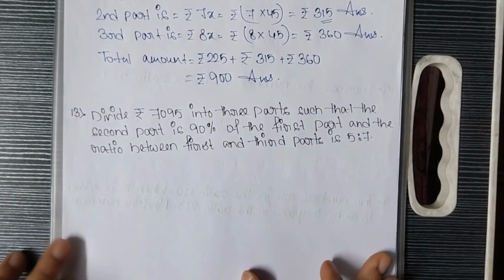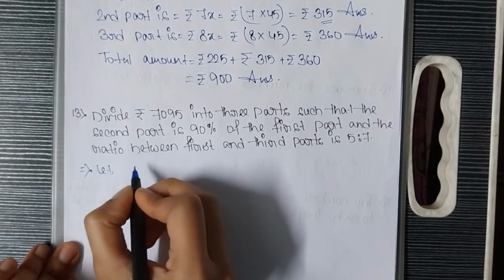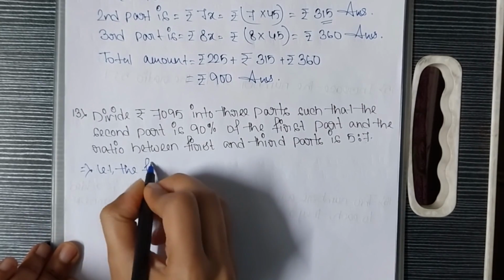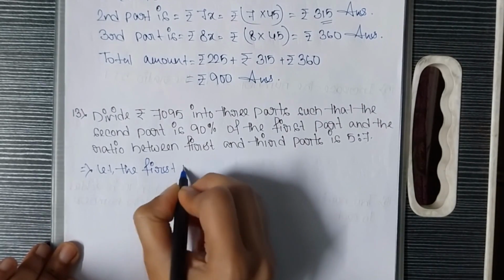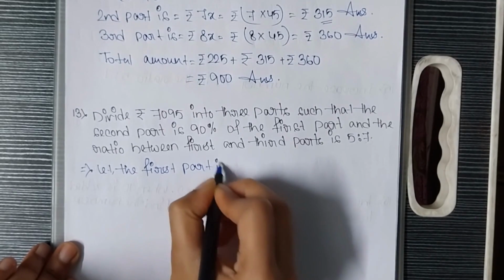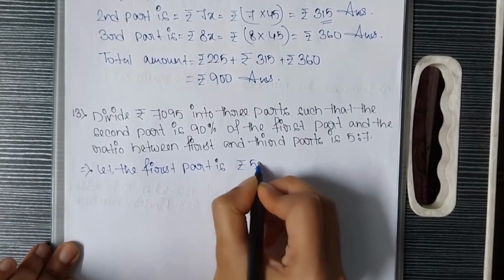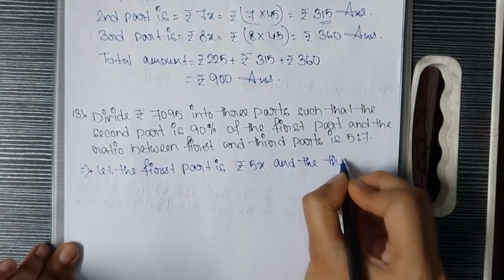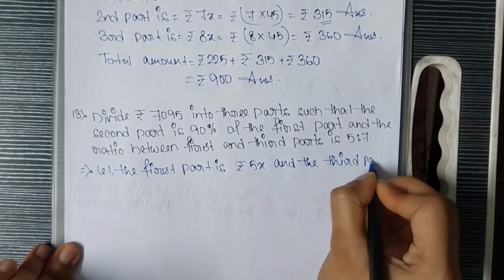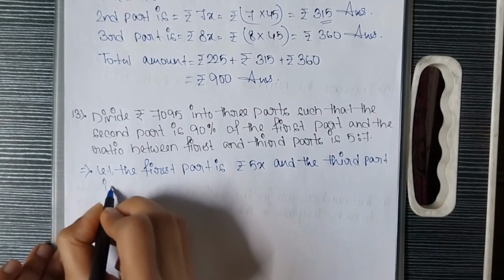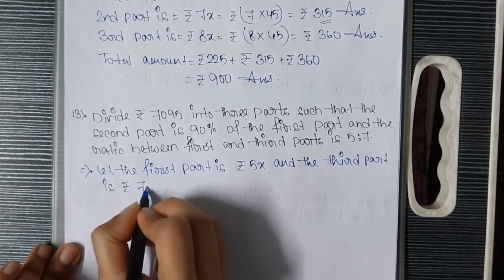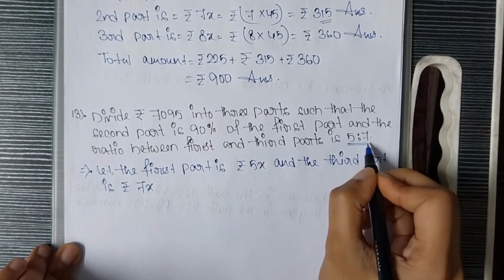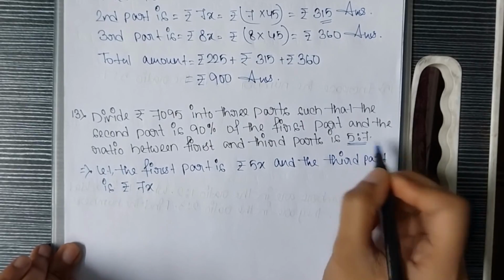Like the previous problem, here we can also assume that the first part is rupees 5x and the third part is rupees 7x, as the ratio of the first and third part is given in the problem.